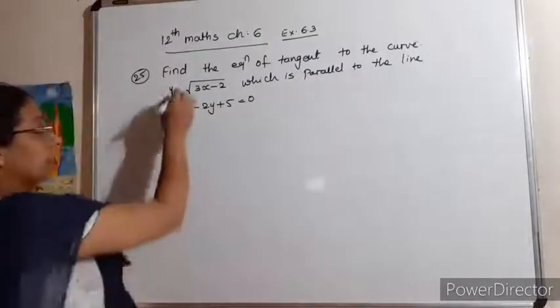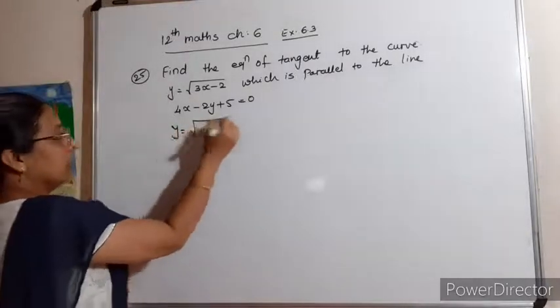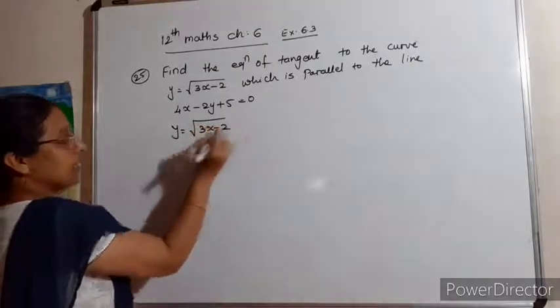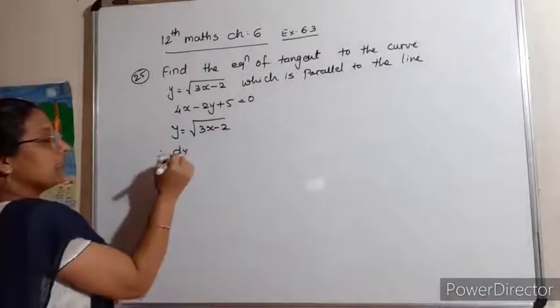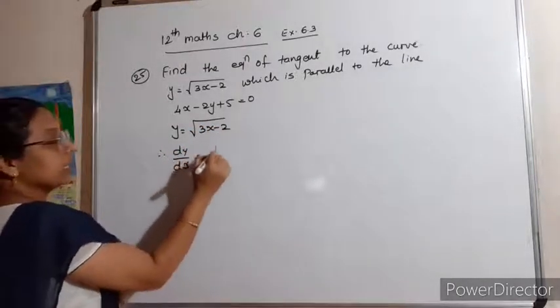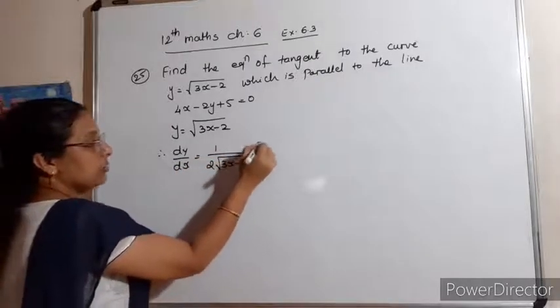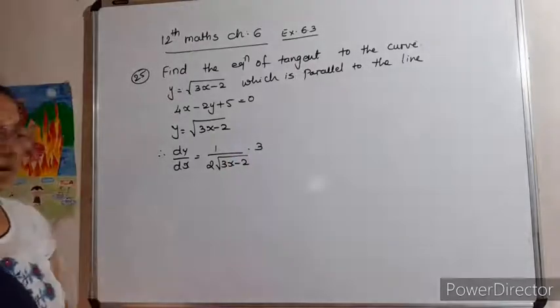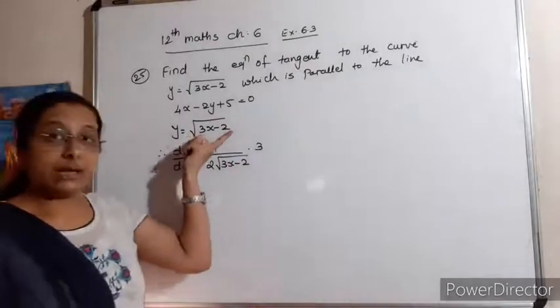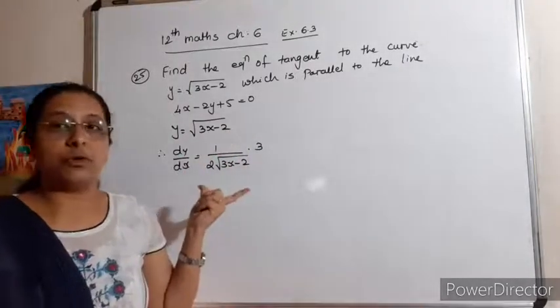So here y is equal to under root of 3x minus 2. Therefore you can say that dy by dx is 1 upon 2 root 3x minus 2, into 3. That is the chain rule. Now finding the derivative is very easy for you. We have done lots of practice.